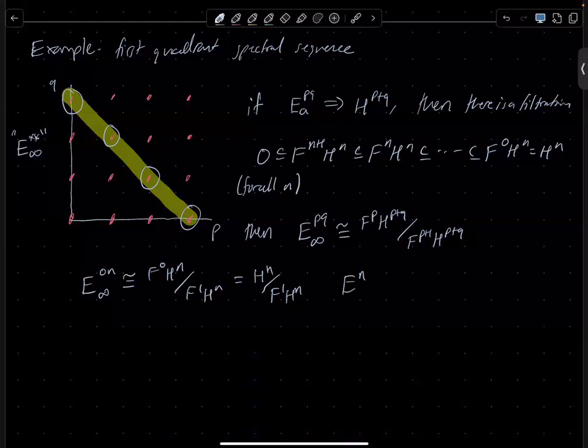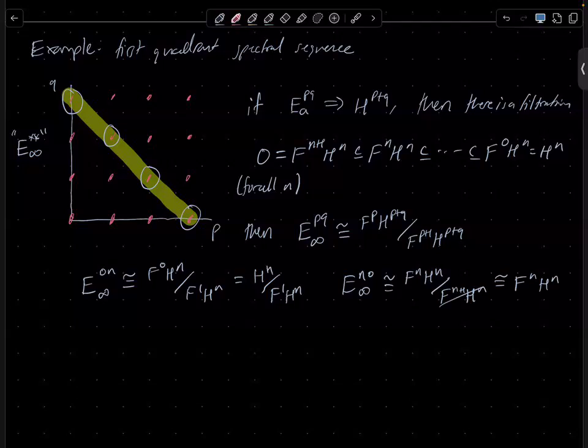And then if I flip it, 0 infinity is isomorphic to the last quotient, I don't know how to order these, but this one is just going to be F^nH^n mod, oh, my bad, this is a typo. I should have equal here. Maybe I misspoke. And then here's F^{n+1}H^n, but this thing is 0, so this is just F^nH^n.